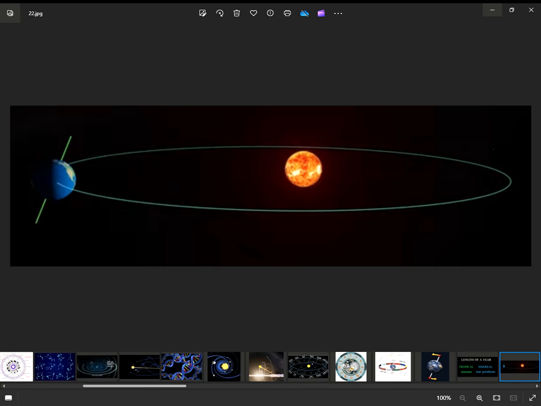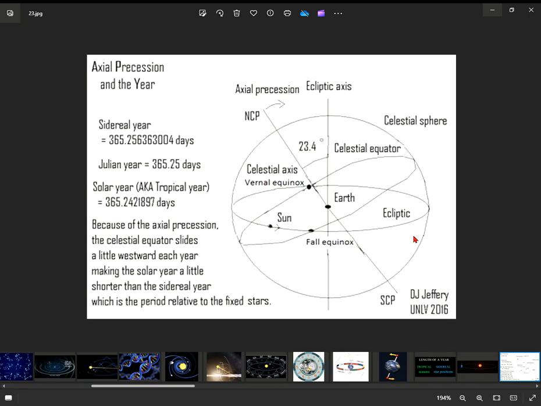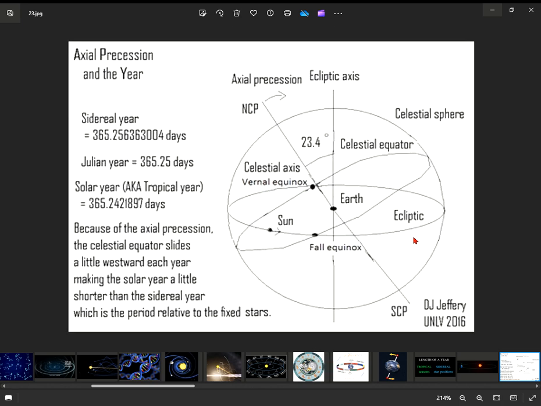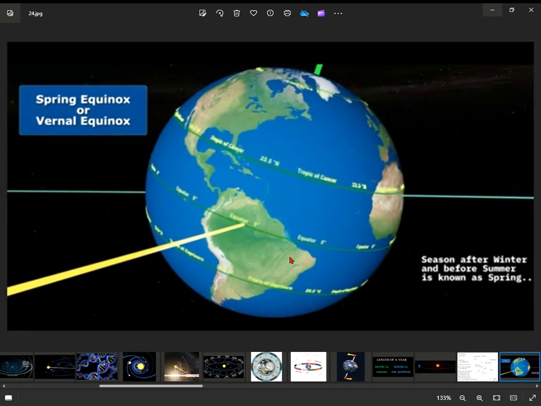And last 365 days, 0.24219 of a solar day, which is the time it takes the Earth's equator line to meet the sun's direct light at the annual spring equinox around March 21st.